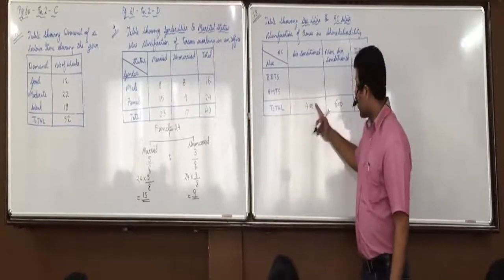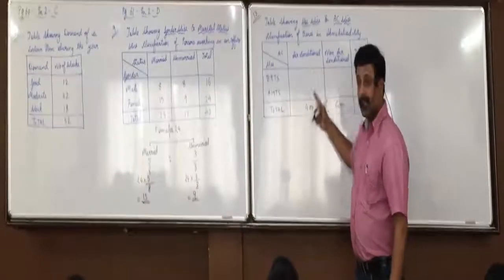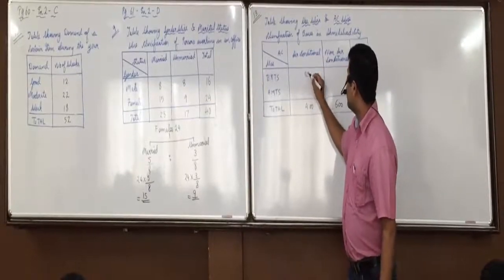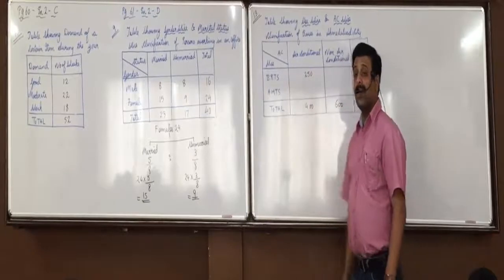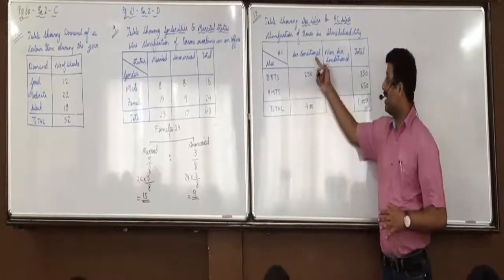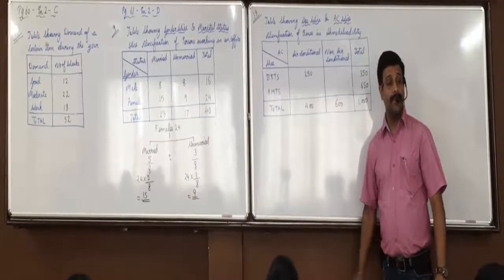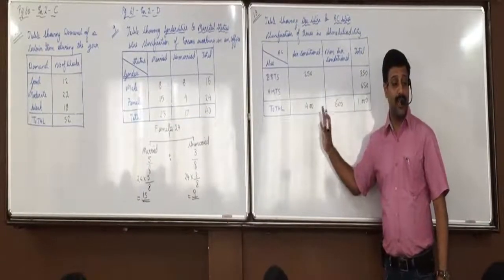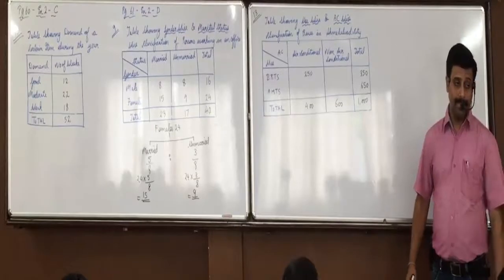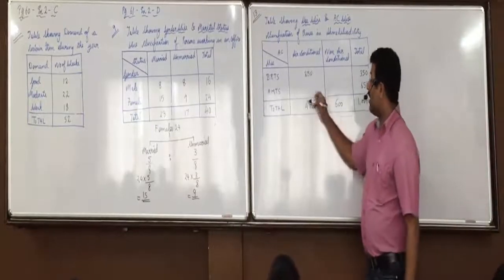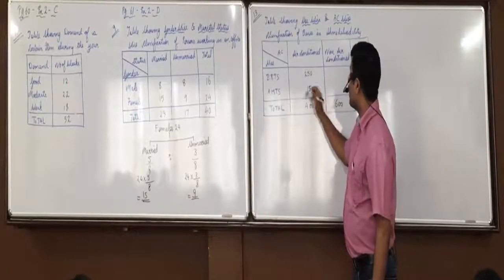Yes. Out of total 400 air conditioned buses, 250 were used for BRTS. So for BRTS and air conditioned you will write 250. Is everyone clear with this? Anyone having any doubt? Chakre, what next? AMTS 150. Yes, 400 minus 250, 150 are for AMTS.